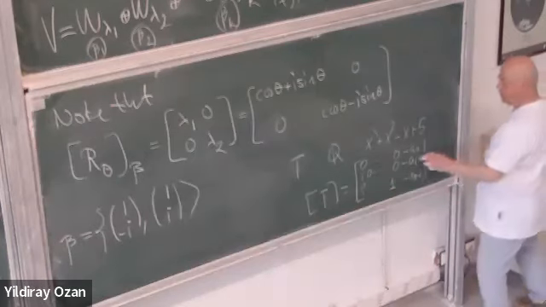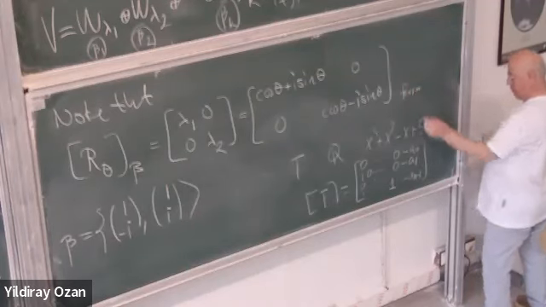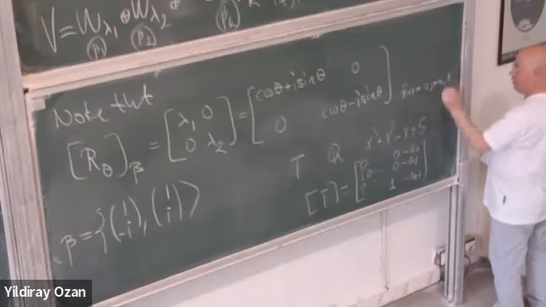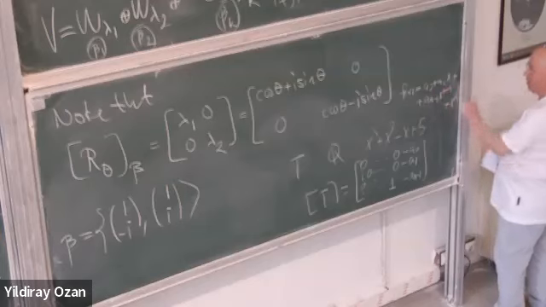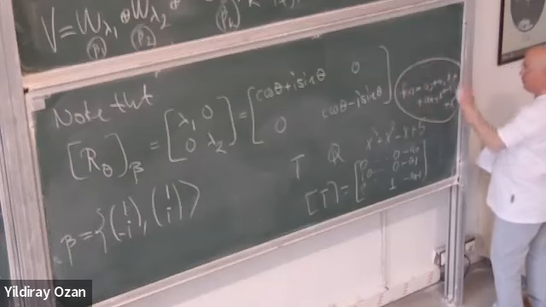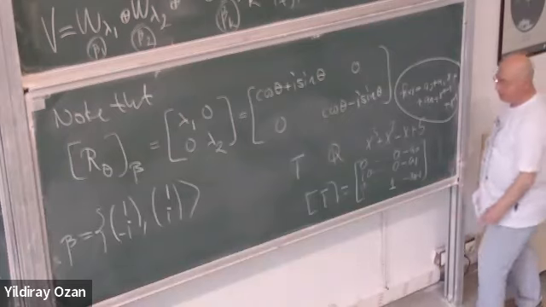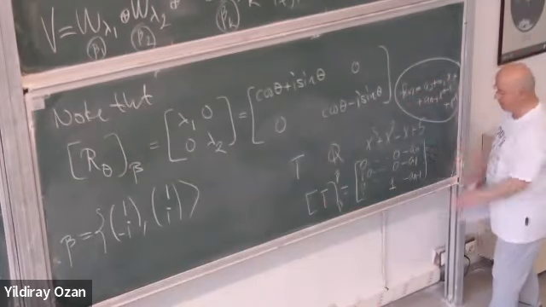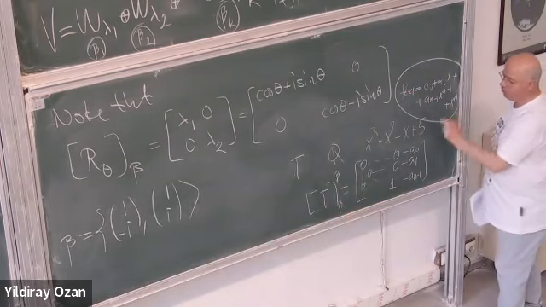Suppose the characteristic polynomial is a0 plus a1 x plus up to a n minus 1 x to the power n minus 1 plus x to the power n. Then you can find the basis in which your operator looks like this, and this is called a rational form for T.